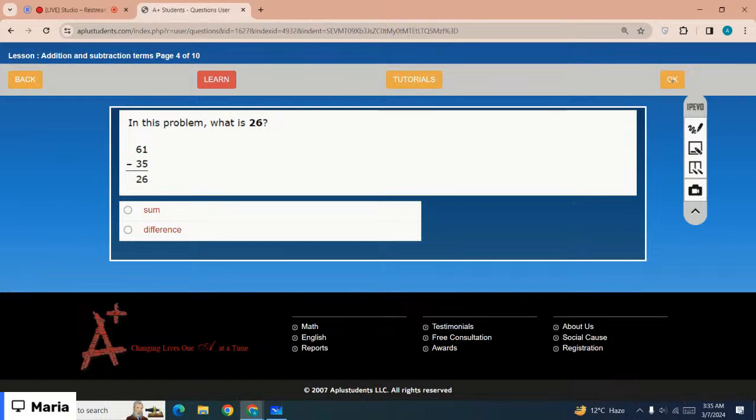In this problem, what is 26? Yes, 26 is the difference of 61 and 35. That is the difference.